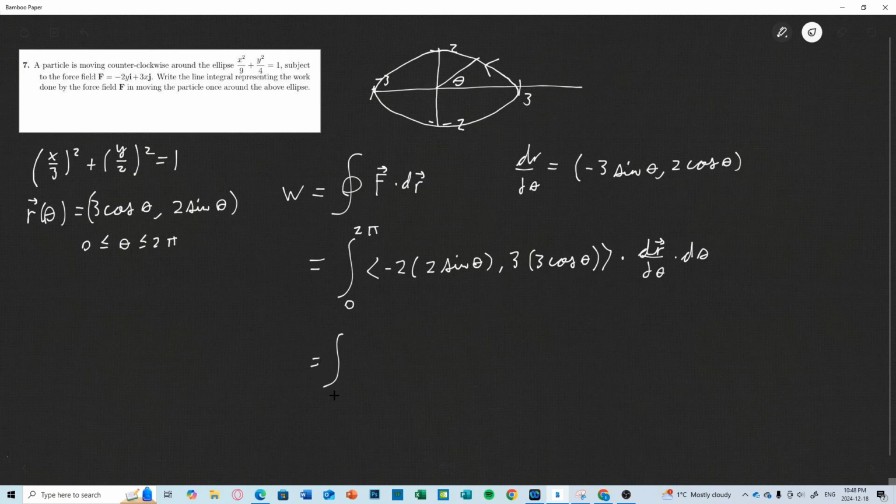So this becomes the integral from 0 to 2 pi of negative 2 sine theta and then 9 cos theta multiplied by negative 3 sine theta, 2 cos theta, all multiplied by d theta.